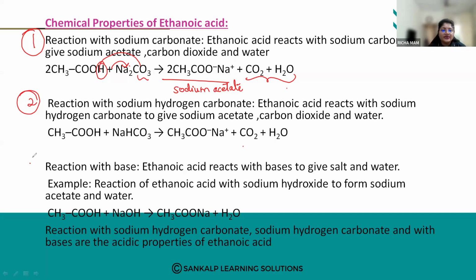Next, when it reacts with a base. Acetic acid is a weak acid. When this acid reacts with a strong base, you are going to get what?